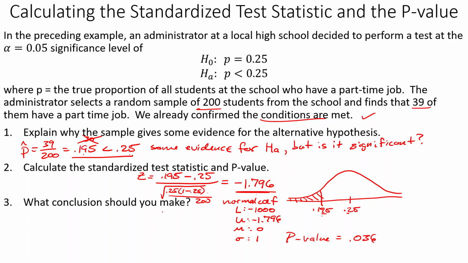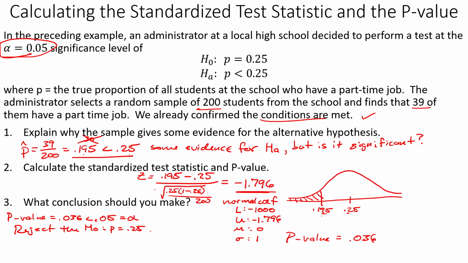So now what conclusion should we make? Well, it gave us our alpha right here. Our p equals 0.036 is less than 0.05, which is our alpha. So remember, when p is low, reject the H naught. So we are rejecting that p equals 0.25.